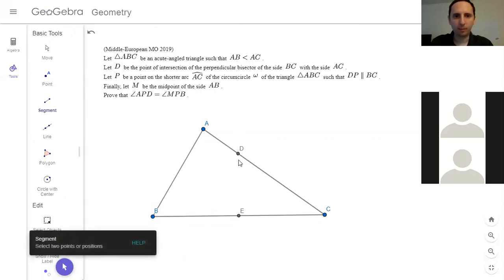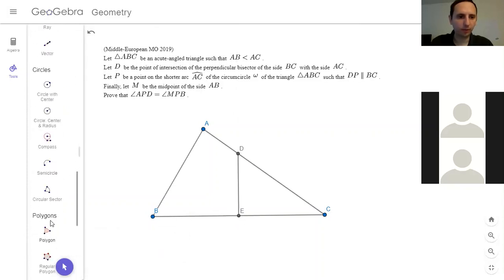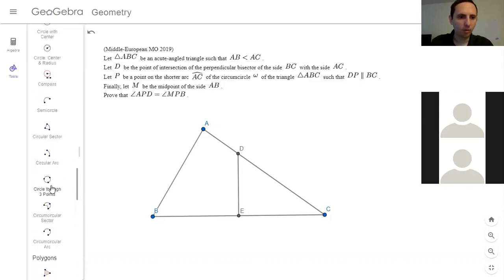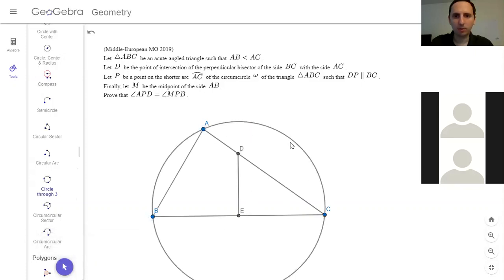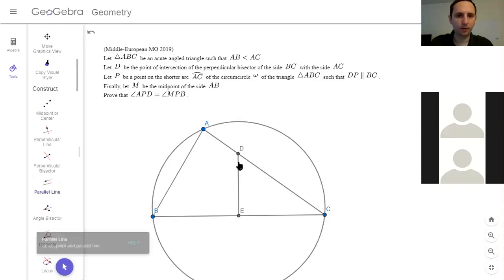And then P is on arc AC of the circumcircle, so that DP is parallel to BC, right?